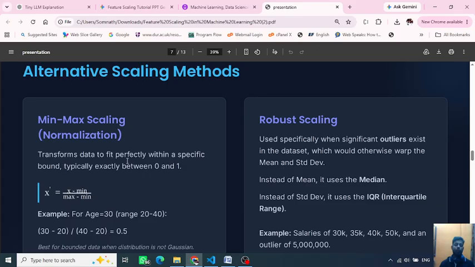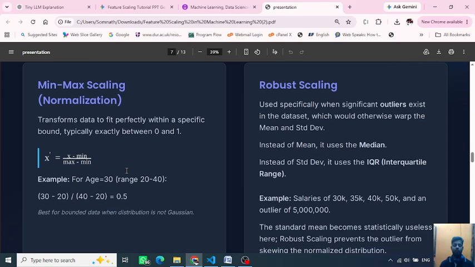it transforms data to fit perfectly within a specific bound, typically exactly from 0 to 1. Suppose you want to transform the value and fit it within a specific range like 0 to 1, you can use this normalization method. So x minus min, divided by max minus min. For example, age is 30, range is 20 to 40.